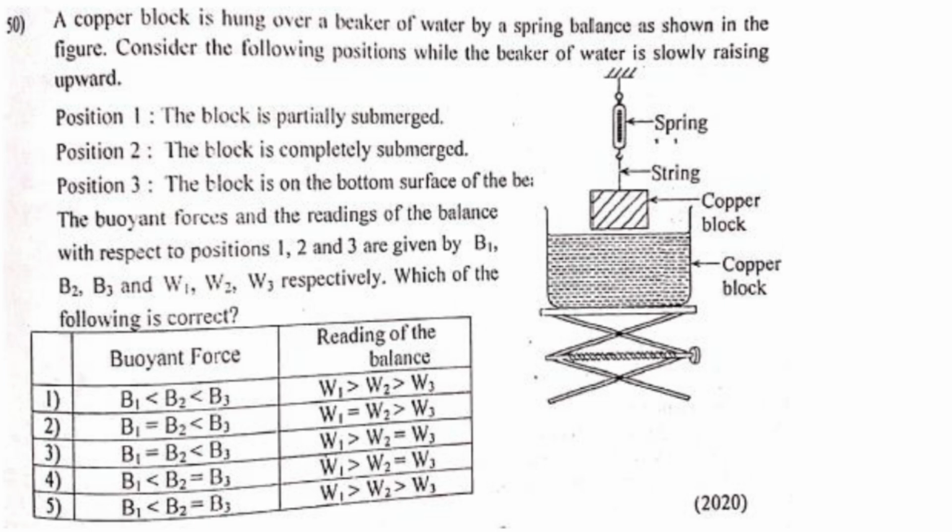The buoyant force, meaning upthrust, and the reading of the balance with respect to positions 1, 2, 3 are given by B1, B2, B3 and W1, W2, W3 respectively. Which of the following is correct?